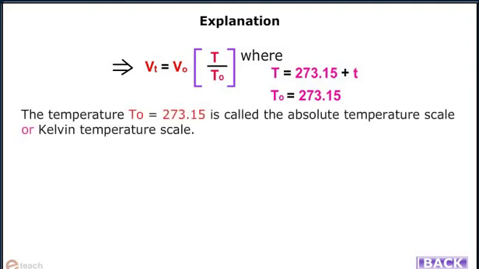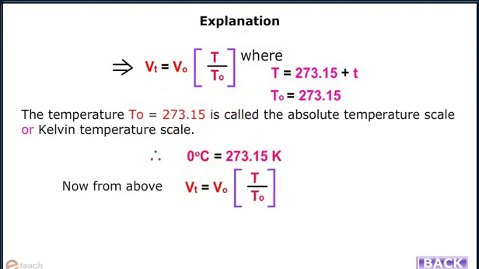The temperature T0 equals 273.15 is called the absolute temperature scale or Kelvin temperature scale. Therefore, 0 degree Celsius equals 273.15 Kelvin. Now, from above, Vt equals V0 T by T0.